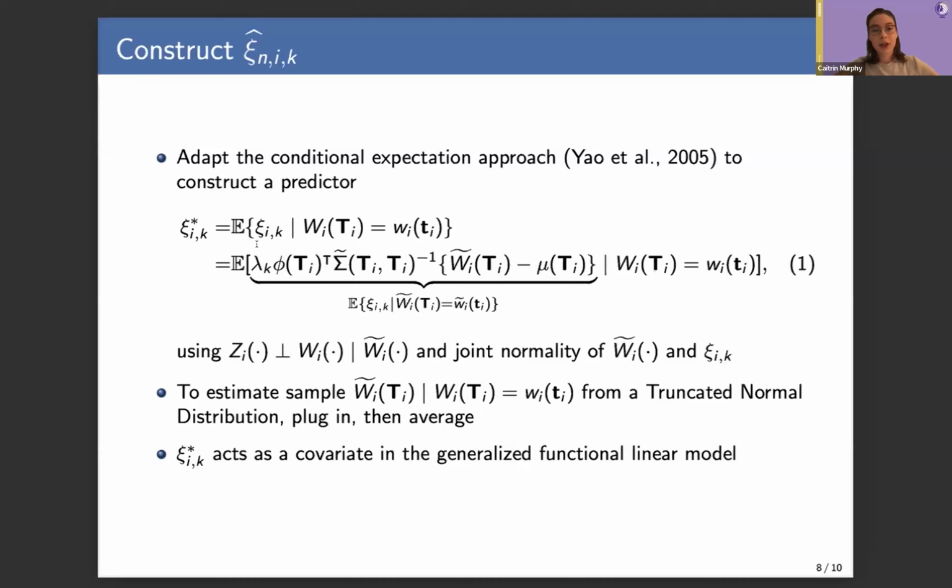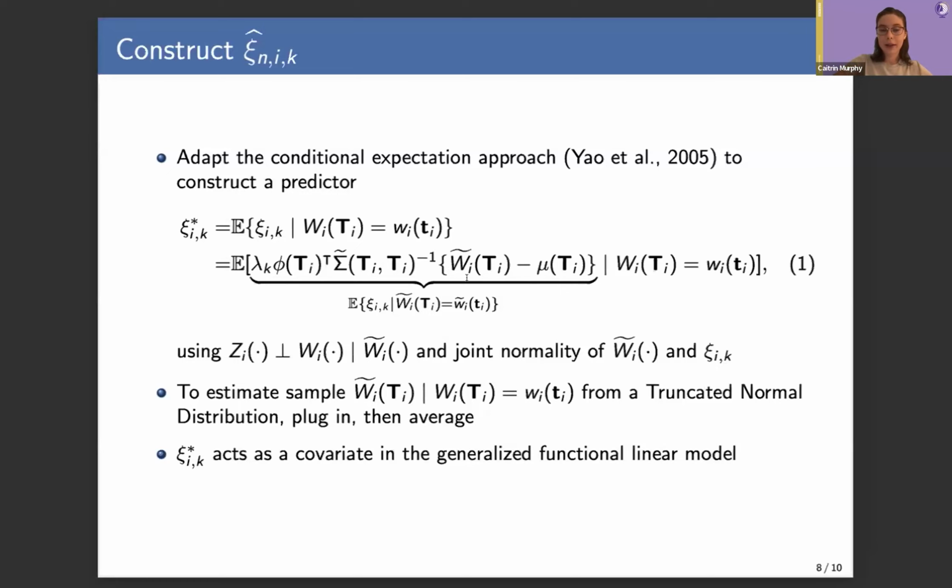We define C star as the k-th FPC score for unit I. It's just the expectation of the true score conditional on the data, so it's the best linear unbiased predictor. It turns out that this is equivalent to first conditioning on the untruncated noisy process to get this closed form expression here, and then conditioning on the data.